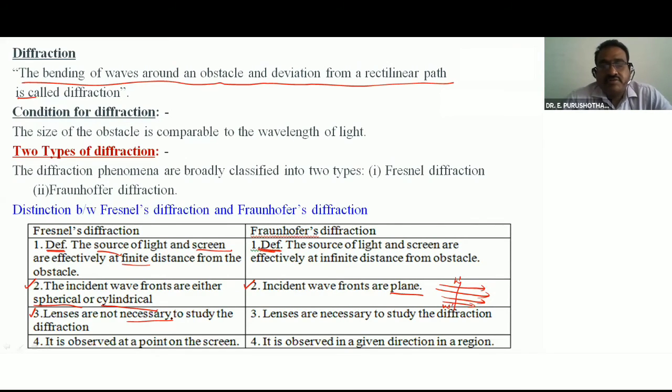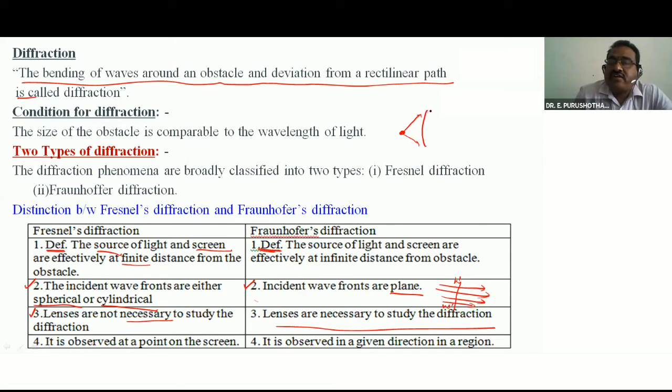In Fraunhofer diffraction, the incoming light is made parallel with the help of a lens, and the diffracted beam is focused on the screen using another lens. So lenses are necessary to study the diffraction pattern in Fraunhofer diffraction. For example, this is the light source, and the rays move in all directions.